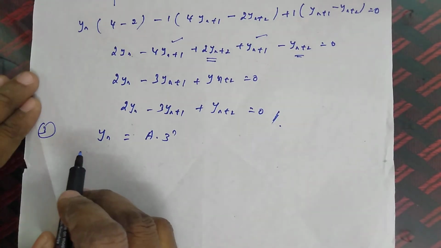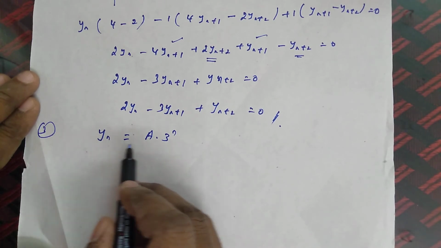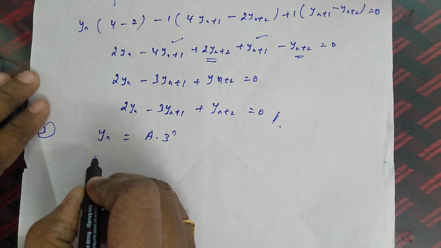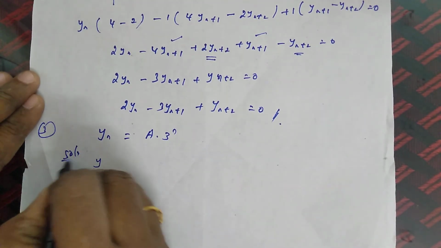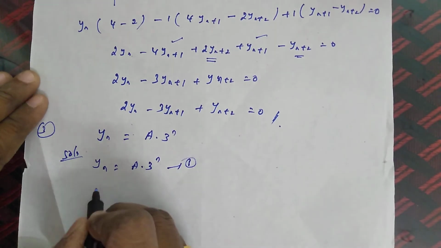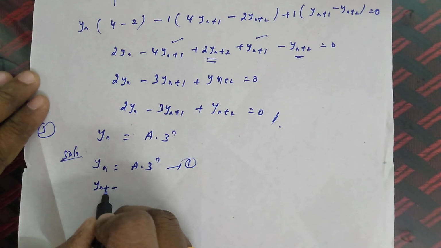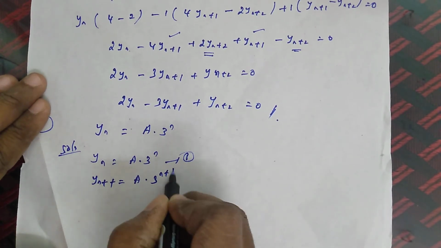Look at the next question. Form the difference equation from yn equal to a into 3 power n. So we'll write the given equation as equation 1. Yn equal to a into 3 power n. Replace n by n plus 1. So yn plus 1 equal to a into 3 power n plus 1.